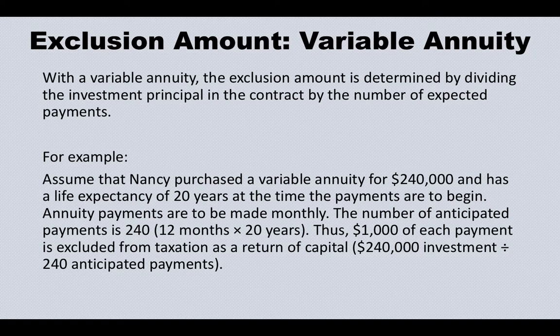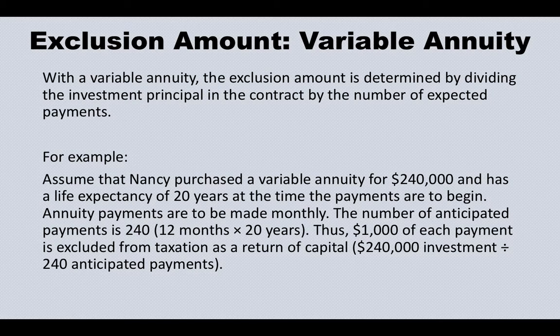So that is exactly returning your capital, right? So then this amount, the $1,000 you get each month, is not taxed. This is called the exclusion amount.